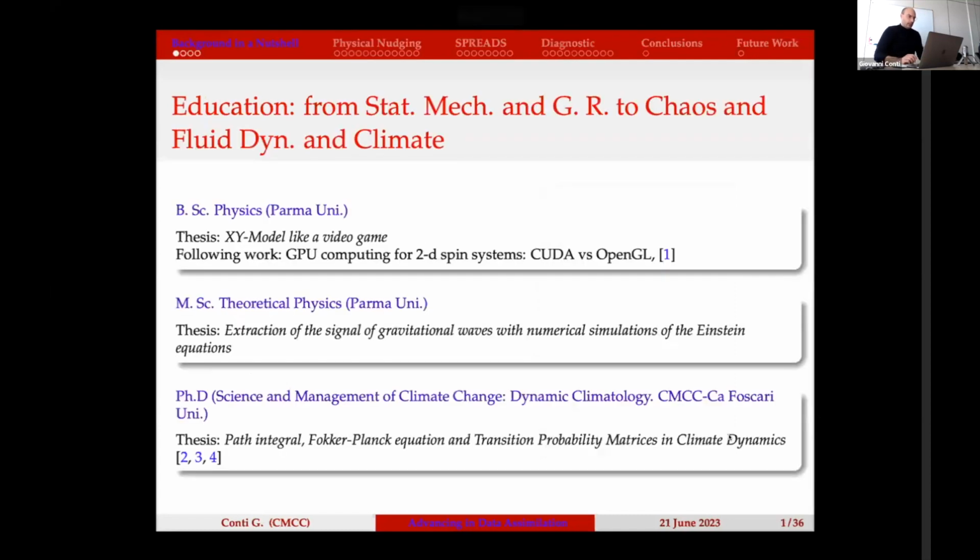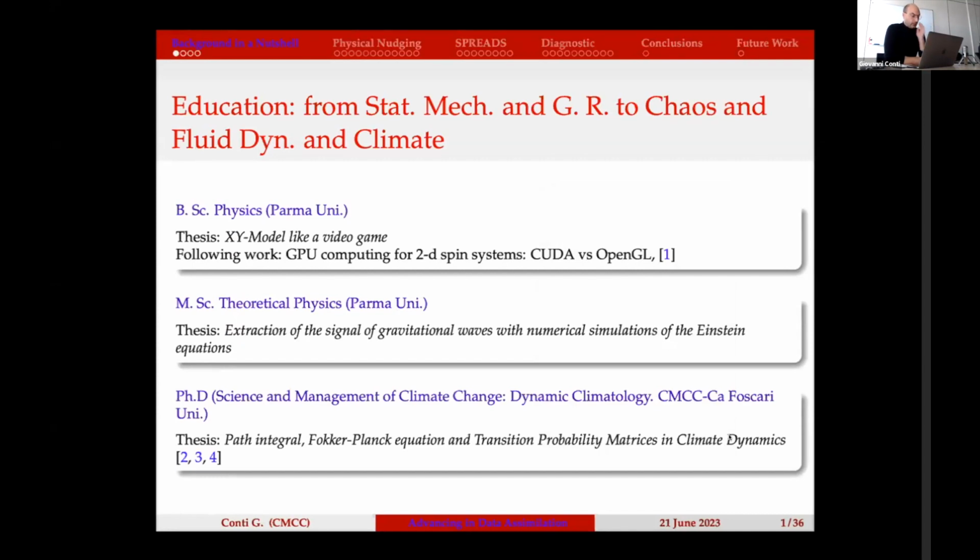So my education is a bit heterogeneous in the sense that I have a bachelor degree in physics, and the bachelor thesis was about statistical mechanics, in particular Monte Carlo simulation using GPU computing. And then I got a theoretical physics degree with specialization in general relativity.